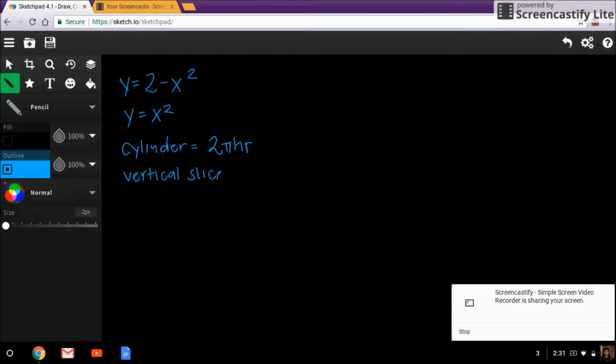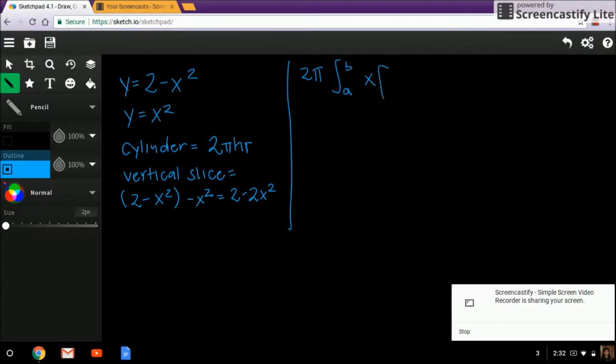The height of the cylinder is the length of the vertical slice, and we find that by subtracting the two functions, and the radius of the slice is x. And we use the formula 2 pi, the integral from a to b, x times f of x minus g of x dx.